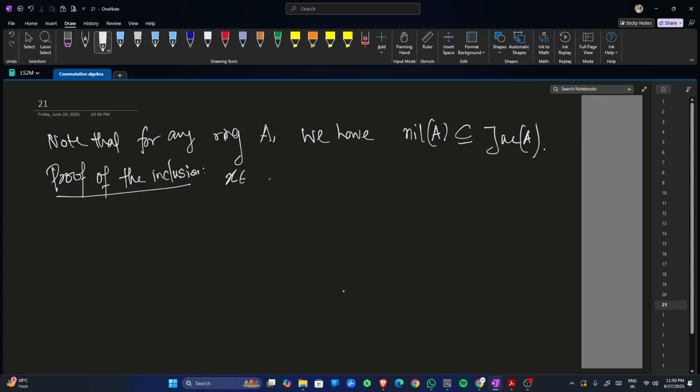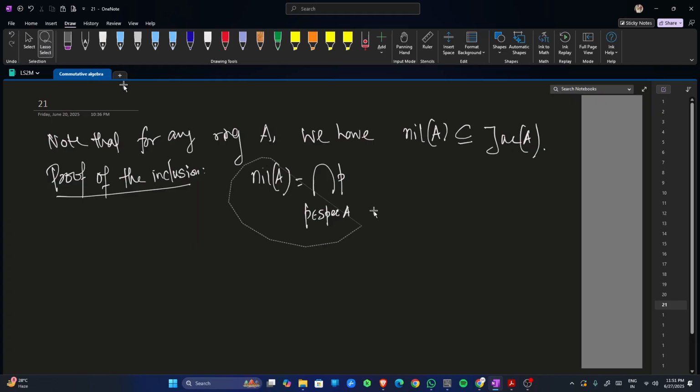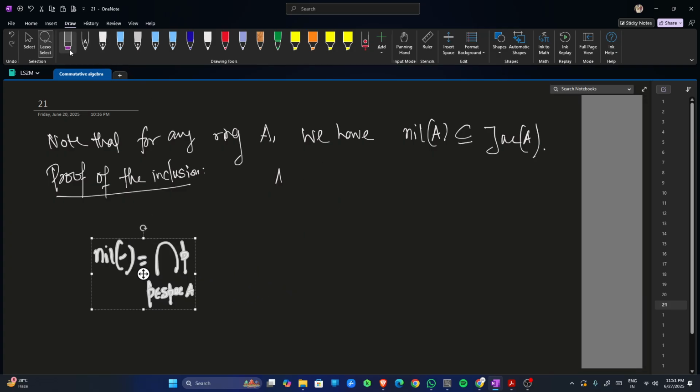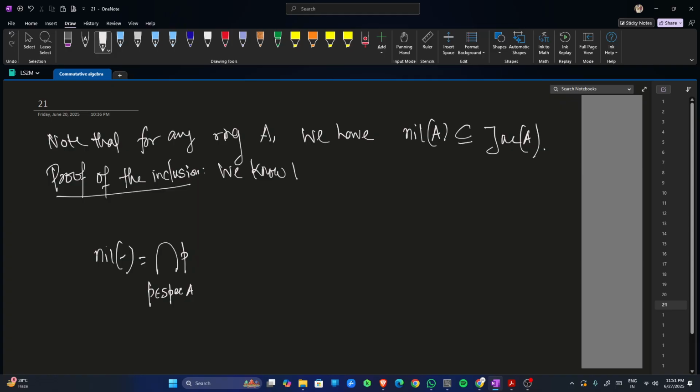Let x belong to the nil radical, that is, the intersection of all prime ideals P in spec A. We know this fact: the nil radical of A is the intersection of all prime ideals.